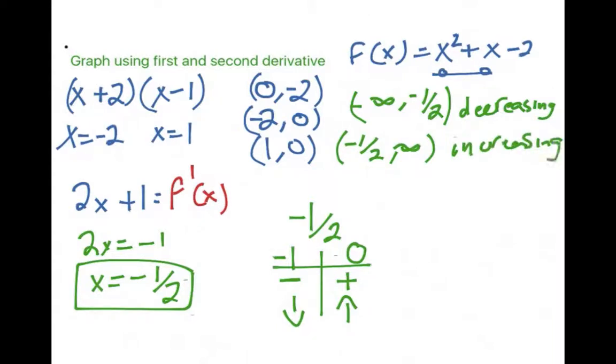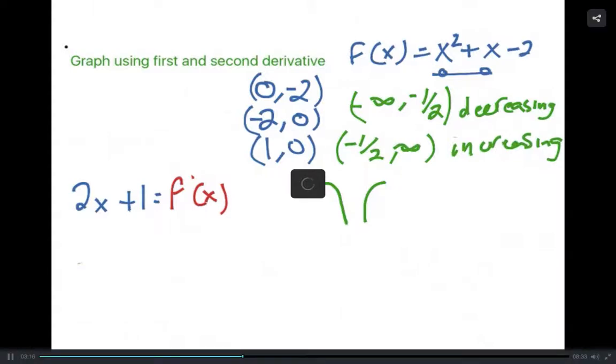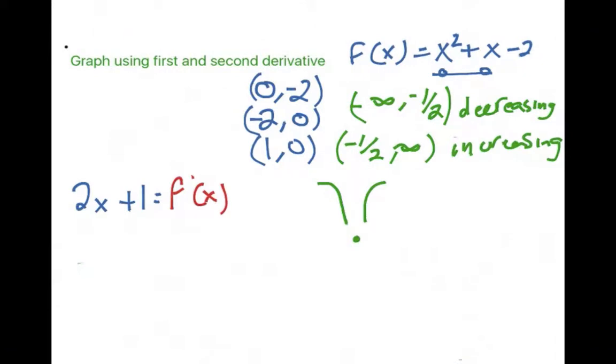So let's clean the board up a bit. Now, knowing that negative 1/2 is a point where the graph goes from decreasing to increasing, we can deduce that negative 1/2 is a minimum, or a relative minimum of the function.